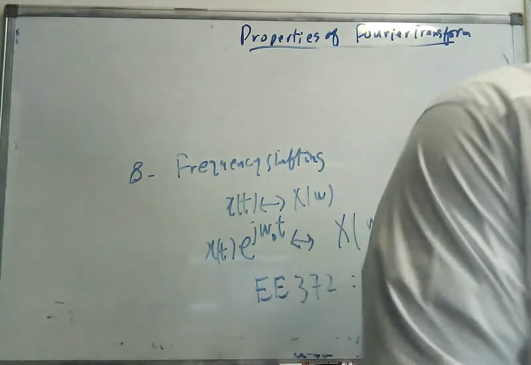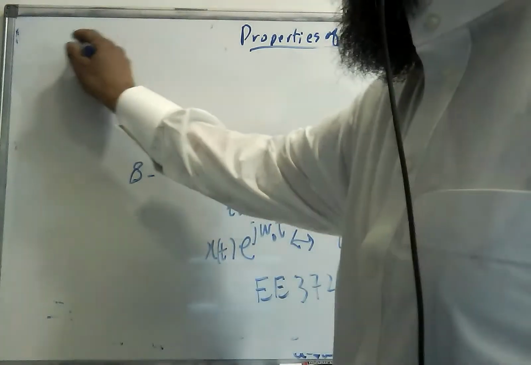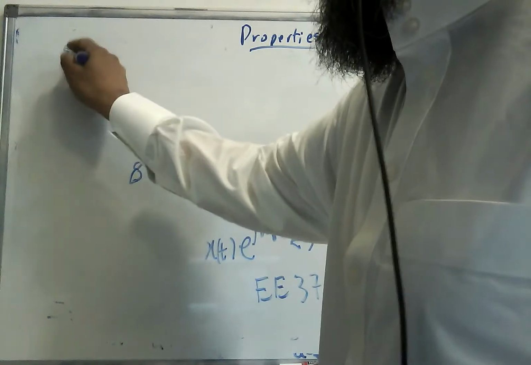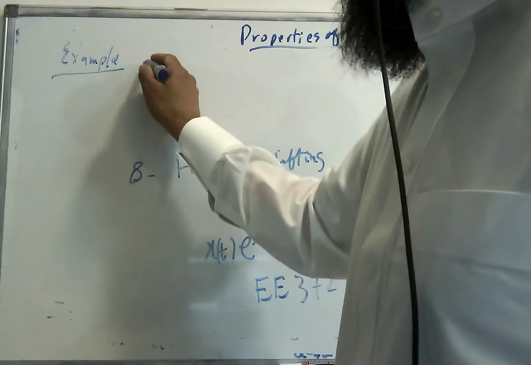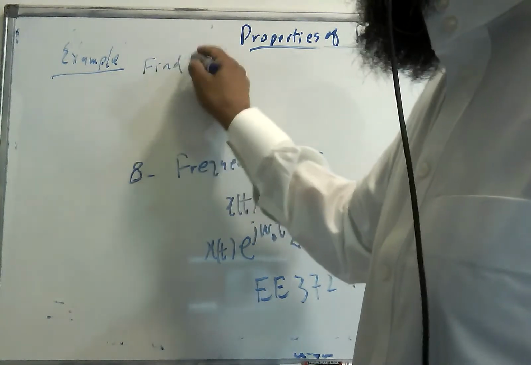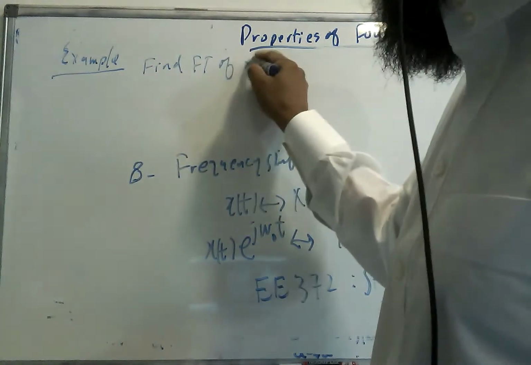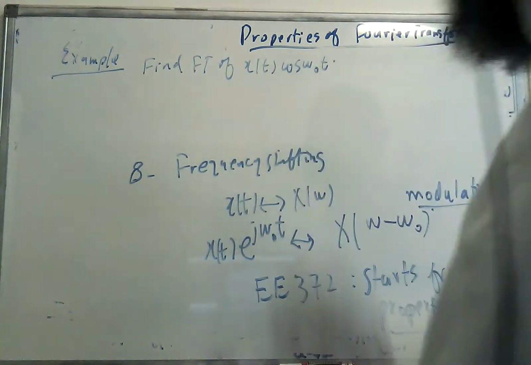Find the Fourier transform of x of t cosine omega naught t.